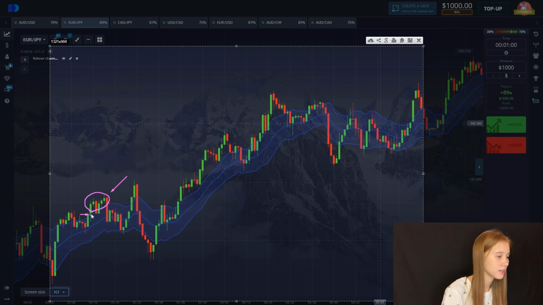Here we have an exit, and we understand that the movement will go down. We could enter a trade here and also trade here for a fall. Exit we had again, and we can do the trade down. Here is also our signal, and the price went down.